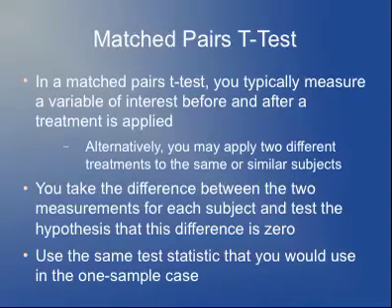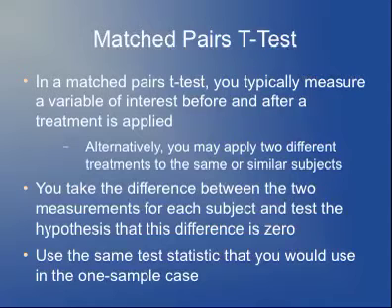Or you might apply two different treatments to the same subject or to closely paired subjects. Essentially, what the matched pairs t-test does is you take the before measurement, subtract off the after measurement, and then do the one sample t-test.